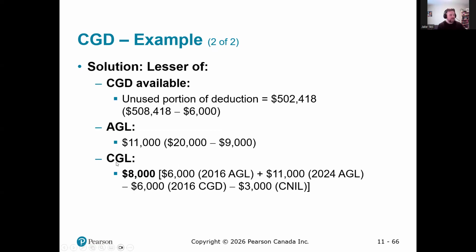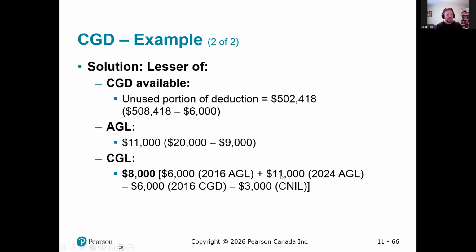Our cumulative gain is the $6,000, the amount we used in 2016, plus our annual limit now at $11,000. Sorry, we add up our AGL: $6,000 from 2016 plus $11,000 from this year, minus the 2016 amount used, so they net to zero.